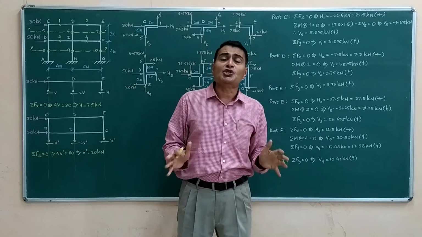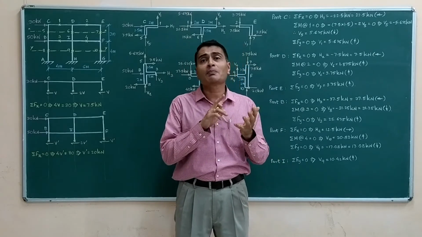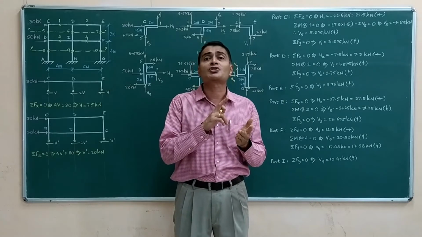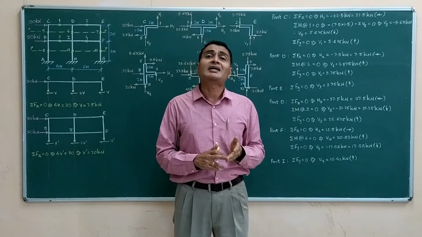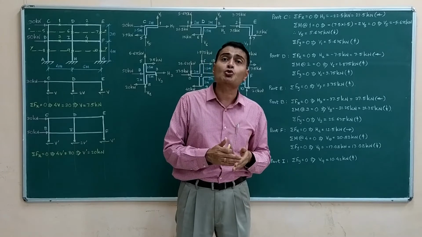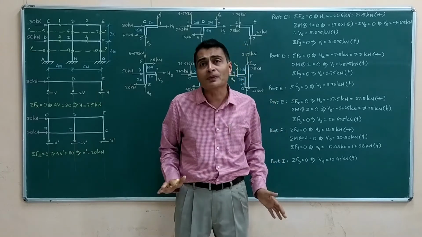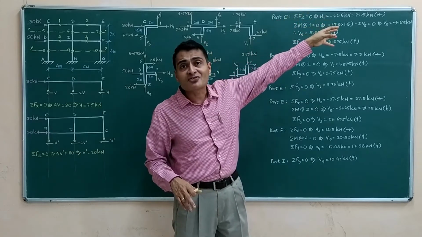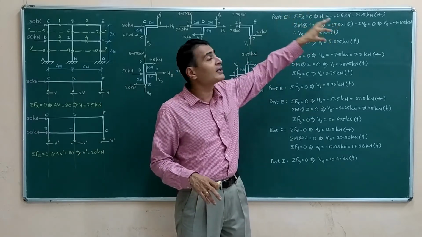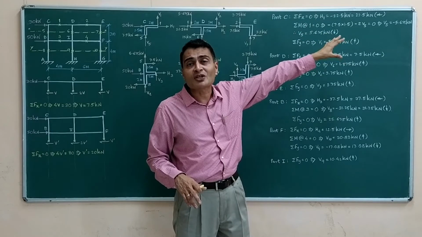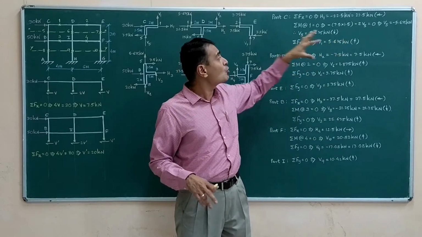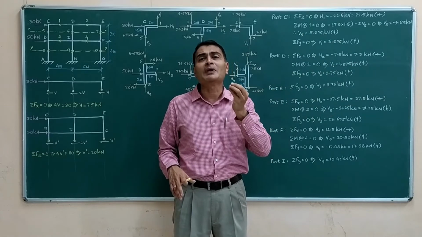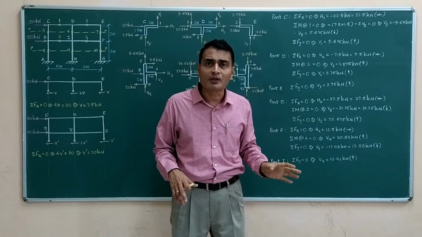Now at this stage, after doing engineering mechanics, mechanics of materials, structural analysis 1 and also structural analysis 2, after solving so many examples, I am not going to explain how I have written sigma Fx equal to 0, how I have calculated V5 using the sigma m equation, or how to apply the sigma Fy equation. It is assumed that these are very preliminary things for you at this level.